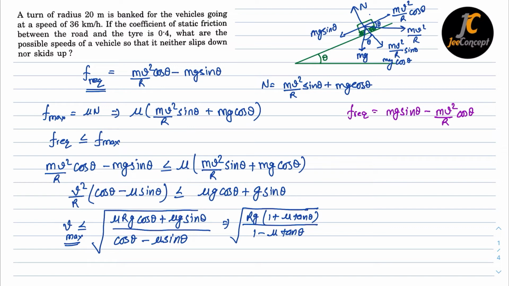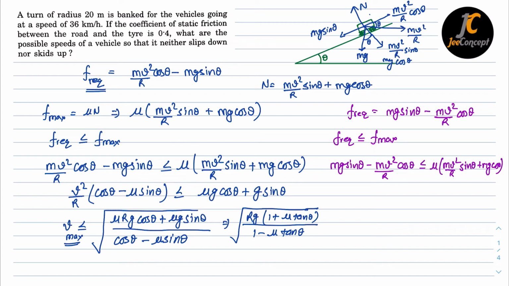So if we compare the mu N with F required, we will get F required should be less than or equal to F max. Again, in this scenario, mg sin theta minus mv square by r cos theta should be less than or equal to mu times mv square by r sin theta plus mg cos theta, right?